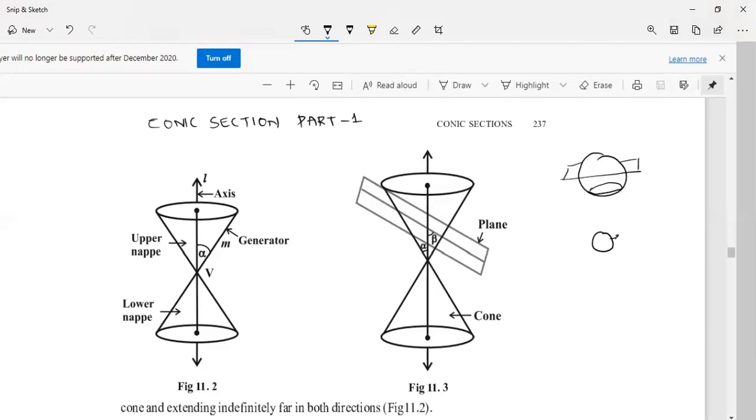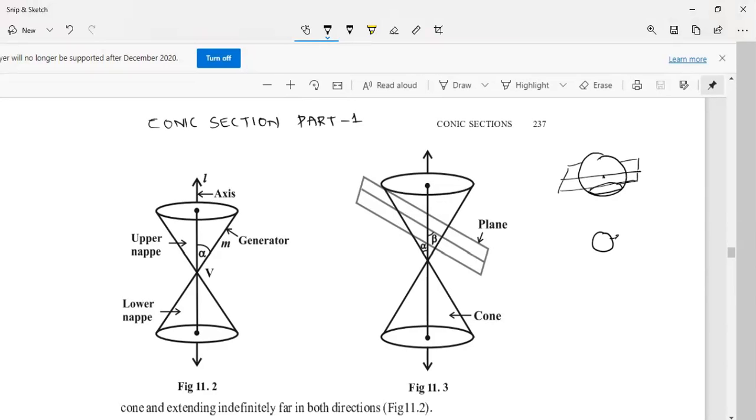The section of a sphere is the section of the plane when it passes through the center of the sphere and cuts the sphere, then the section will be a circle.